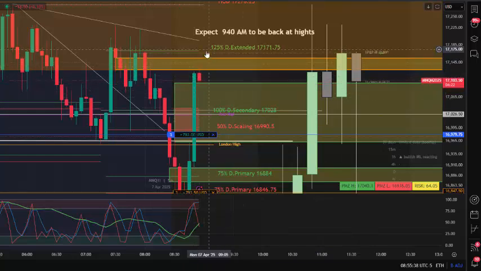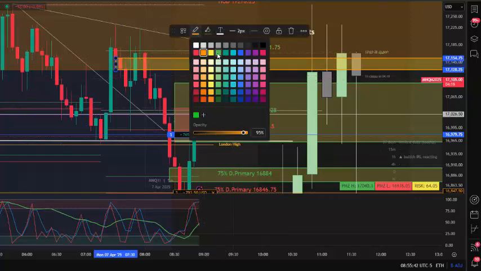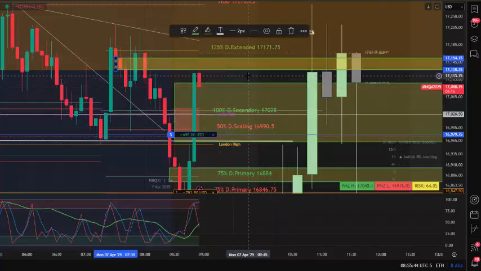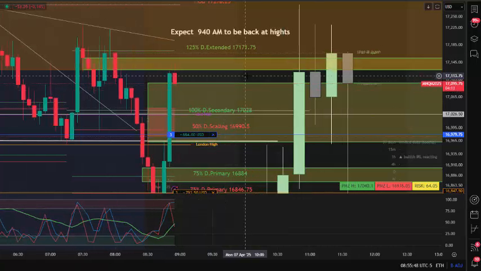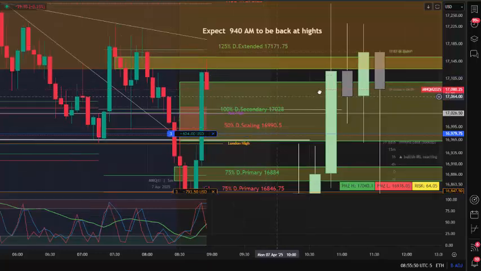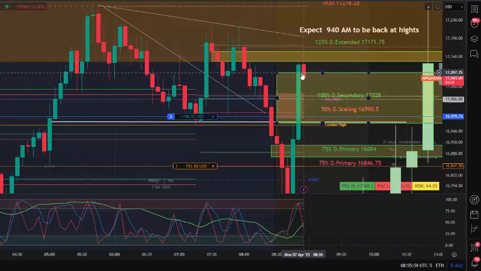You can see the negative 5 minute, slowing it down a little bit, but not much. We do not want this to close its gap.